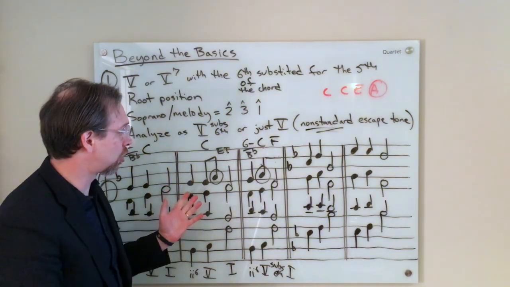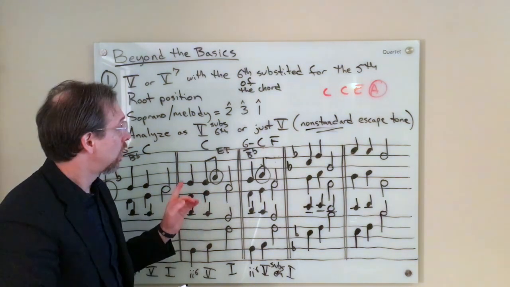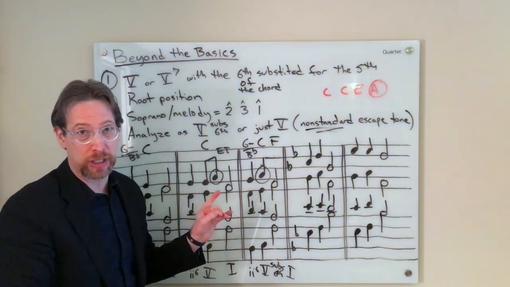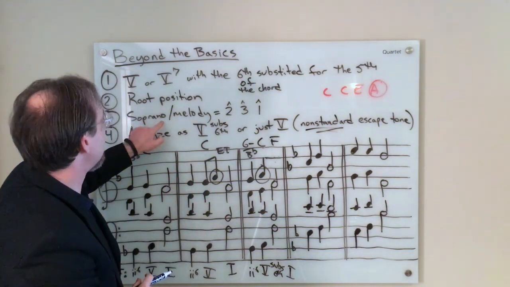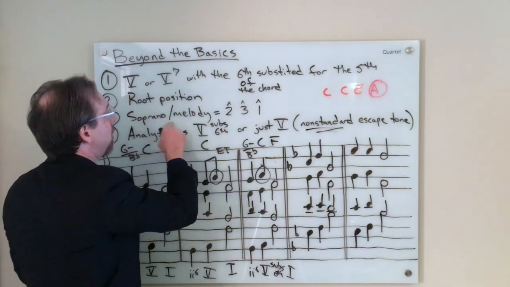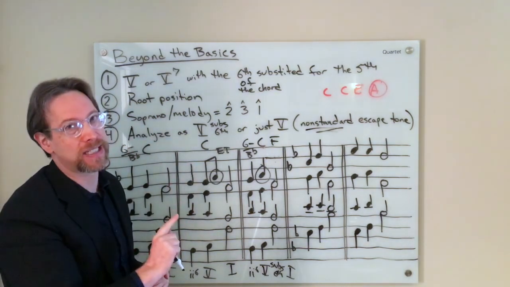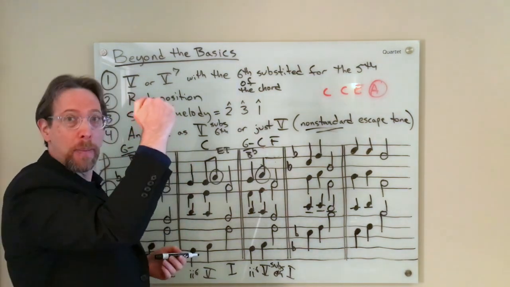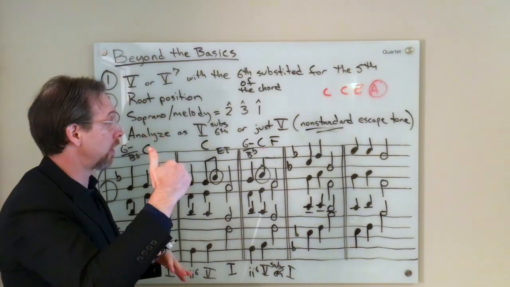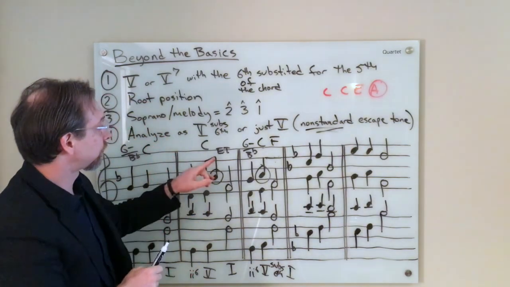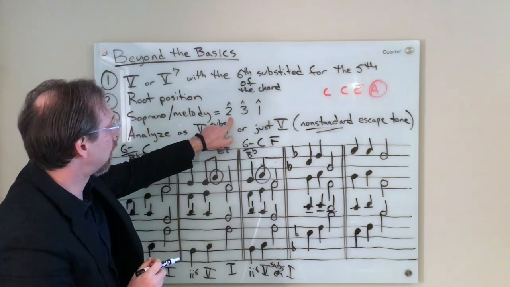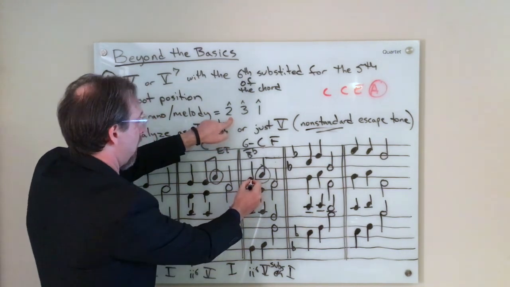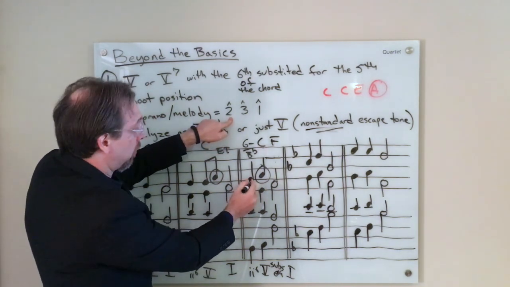All right? So that's essentially what it is. It's not super hard or super crazy, but let's make a couple observations here. This happens in the soprano, in the melody, and it's the only place it happens. It happens up higher, above the rest of the chord, and there are some reasons for that. Melodically, we go from scale degree 2, again we're in F major, so the G is scale degree 2.